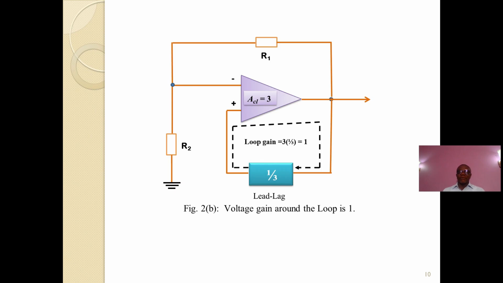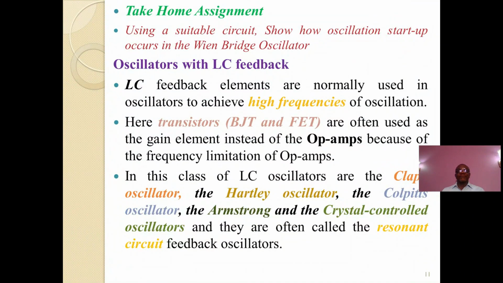We've explained this. For the loop gain to be equal to 1, the closed loop gain of the amplifier must be able to amplify the signal by 3 times. So when that happens, the closed loop gain will be unity, that is equal to 1.